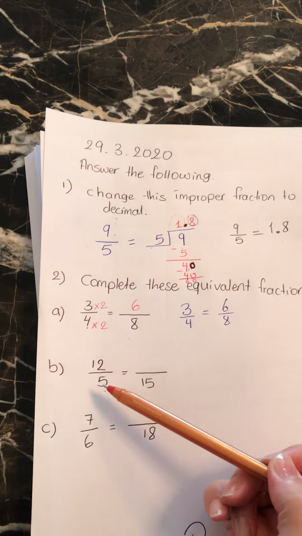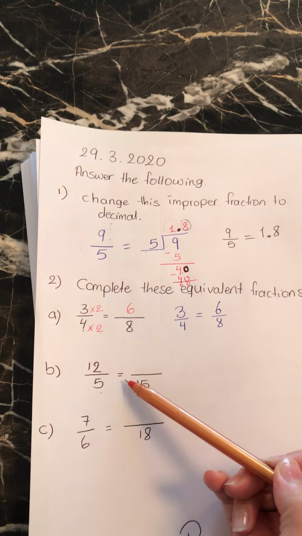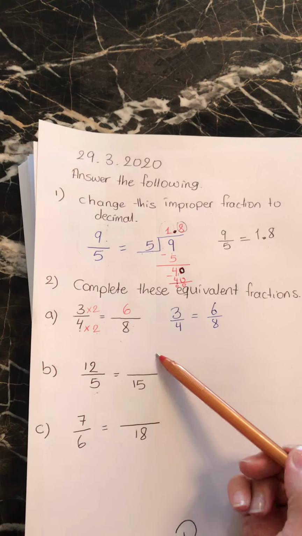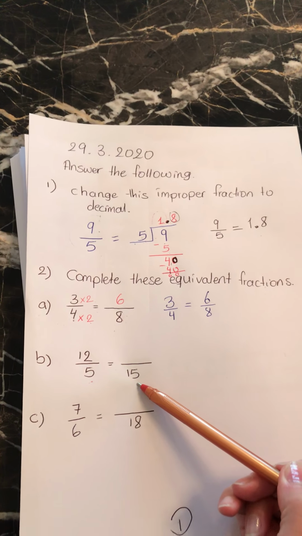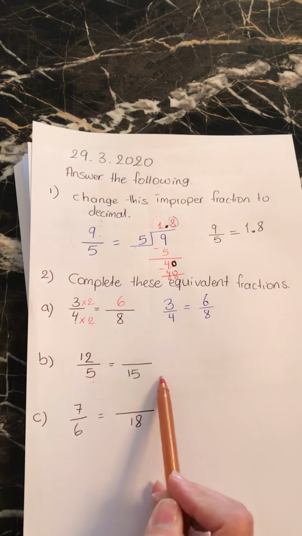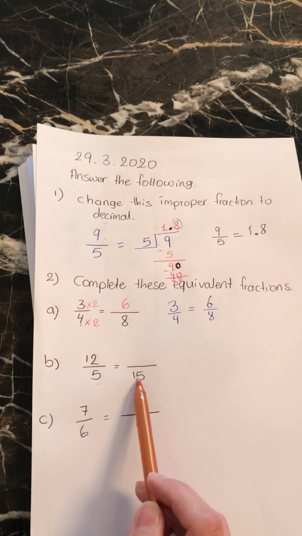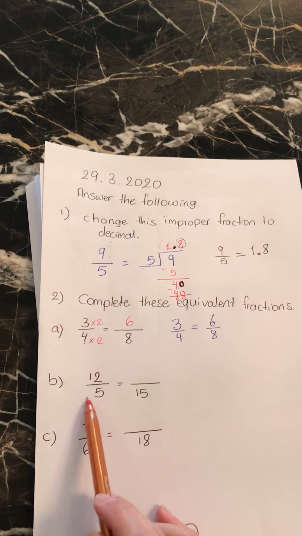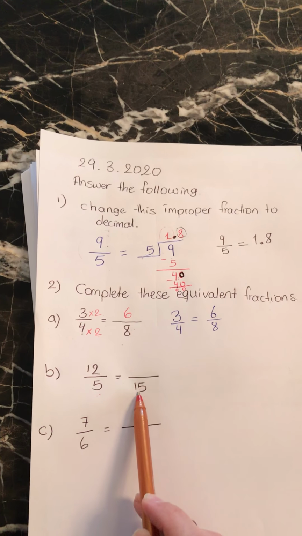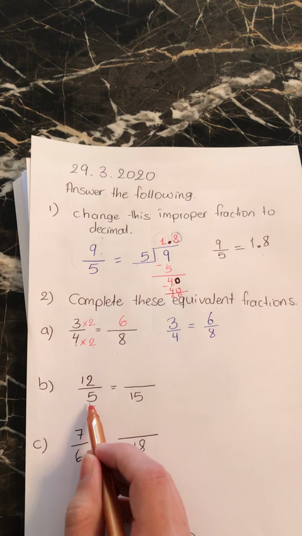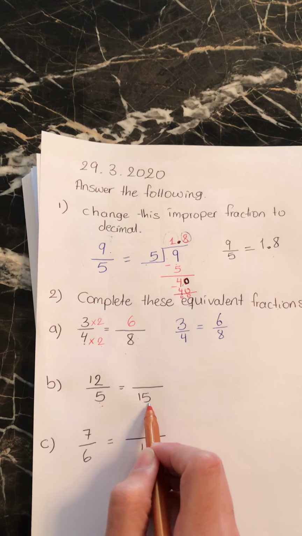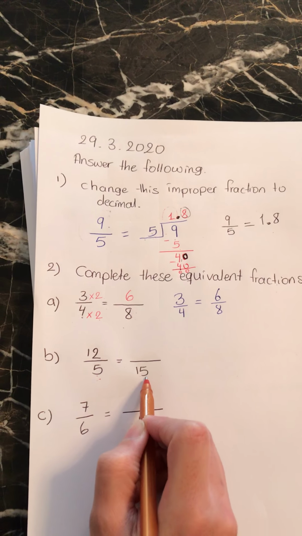We have 12 over 5 equal to a number over 15. Of course, I'm going to look at the denominators on both sides because on both sides I have denominator. 5 is changed to 15.